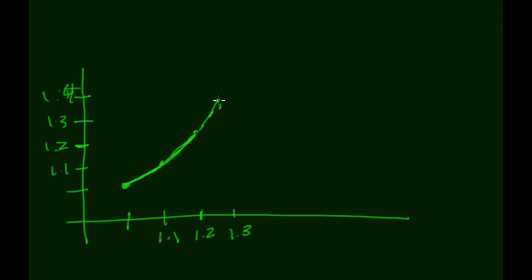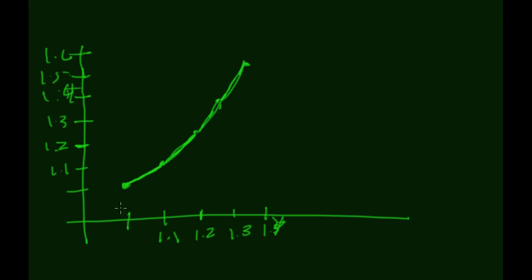There it is. Okay, so we got there. And then finally at 1.4, we're way up here at about 1.545. So there's 1.5, 1.6, kind of up a ways here at 1.4, and there we go.